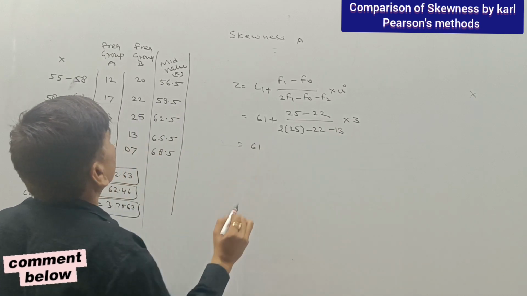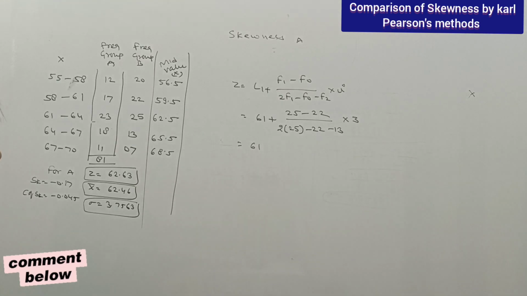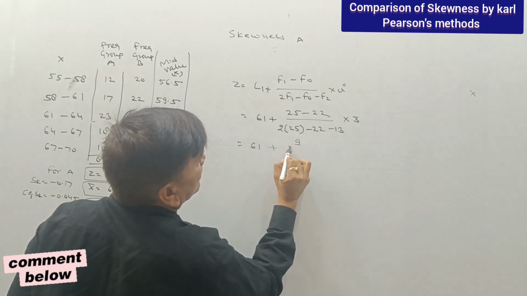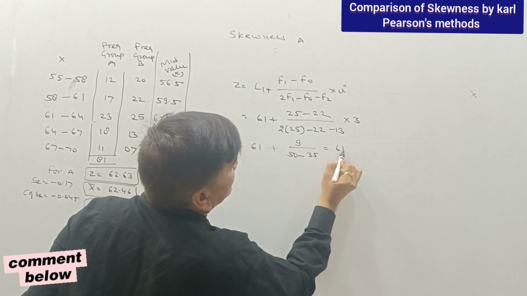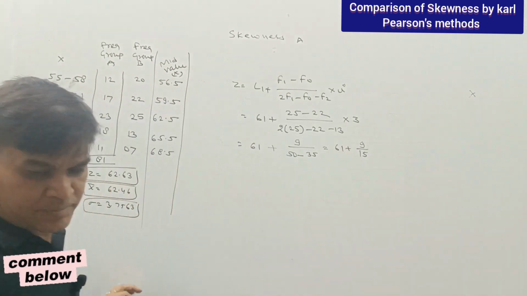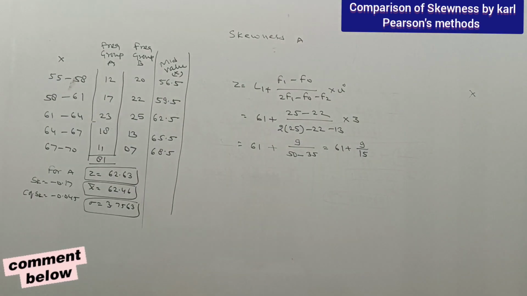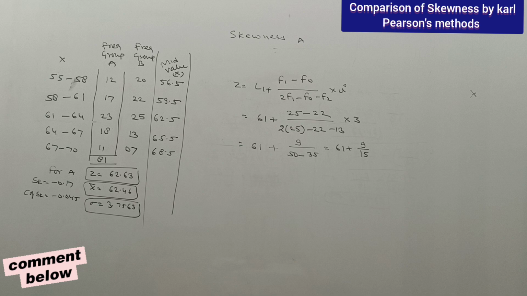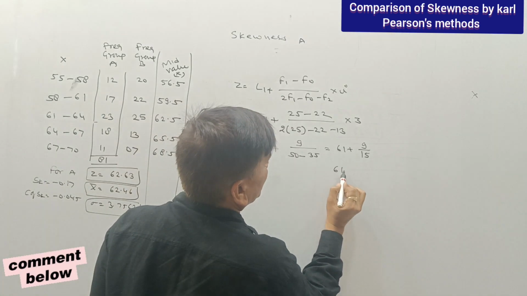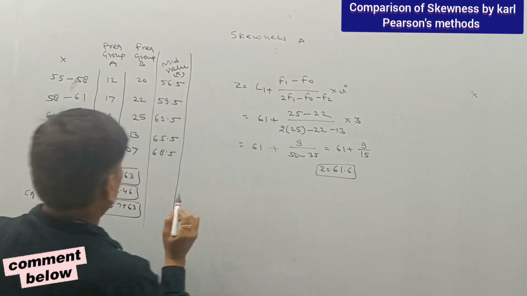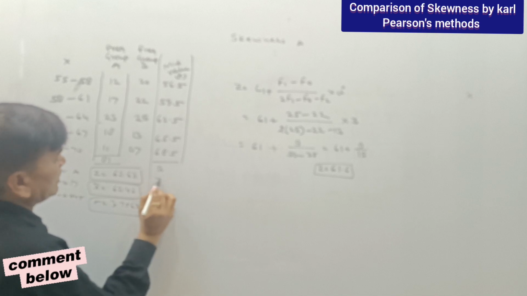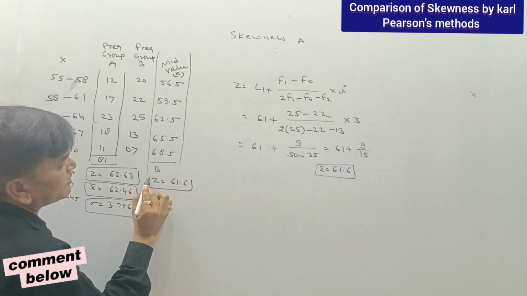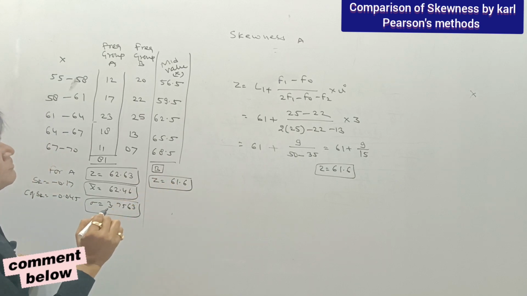So 61 plus 9 upon 15, that is 61.6. So for B series, the value of z is equal to 61.6.